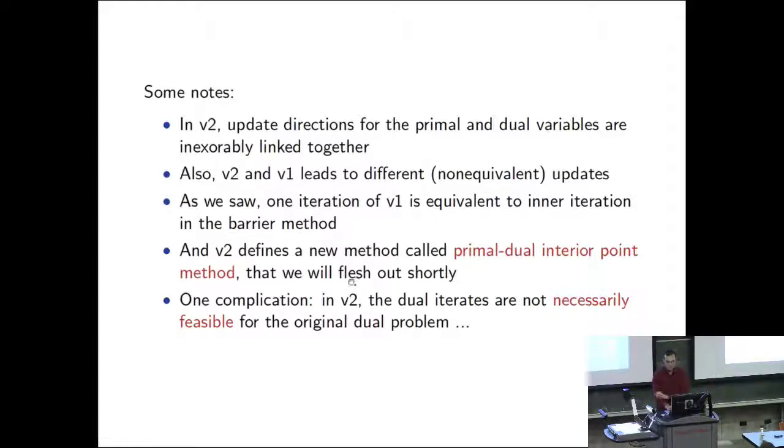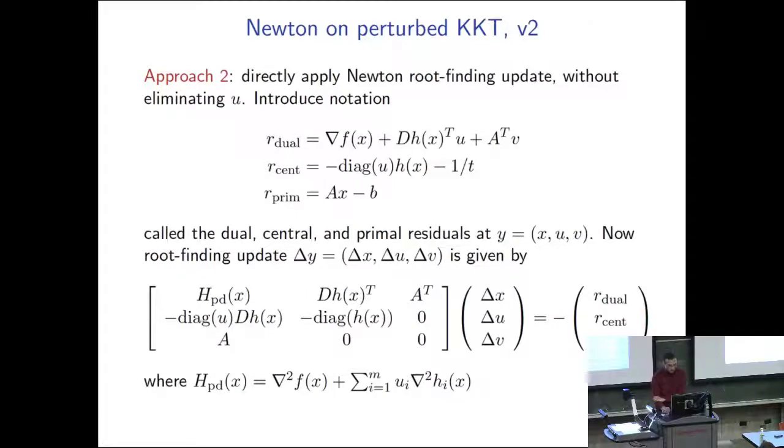One complication, and this is a significant complication for primal dual interior point methods, is that the dual iterates are not necessarily feasible for the original dual problem. So that's a big complication in terms of stopping, like how we define a proper duality gap. It turns out that the u you get from this system, we can control it for always being positive.